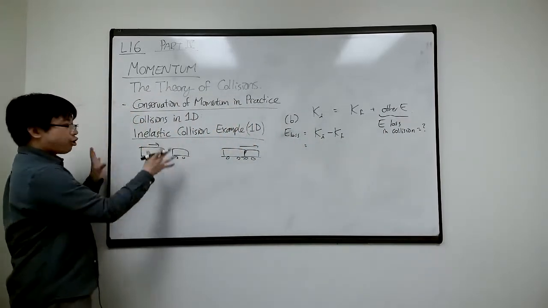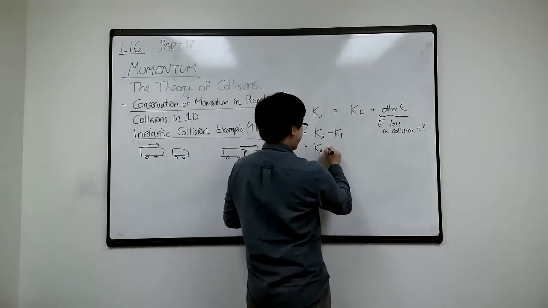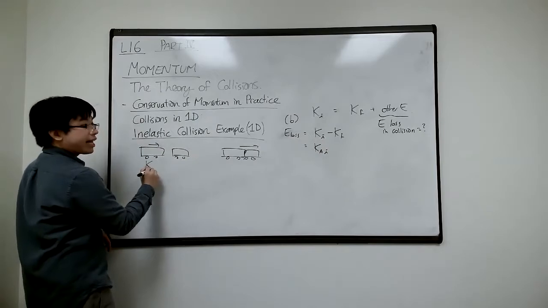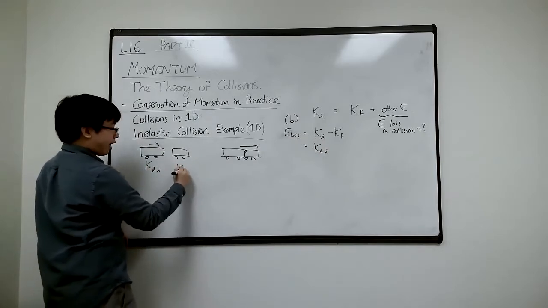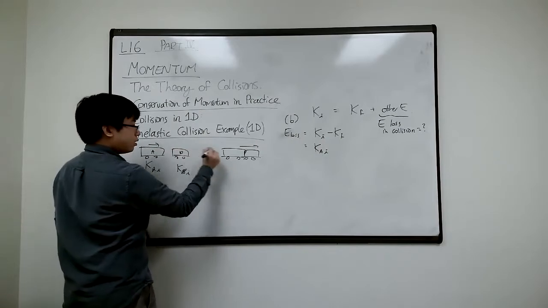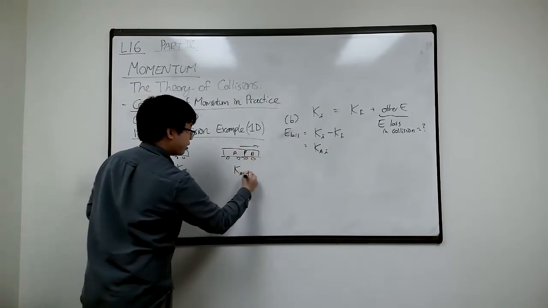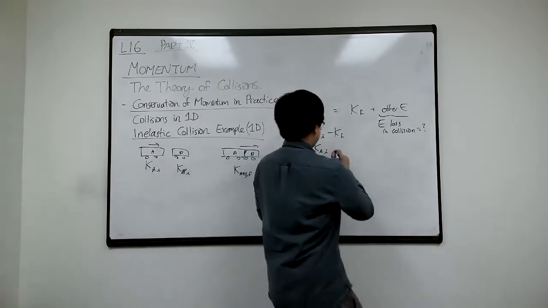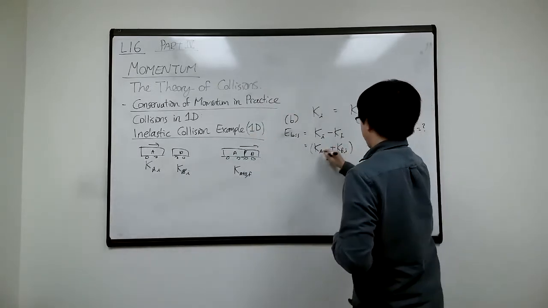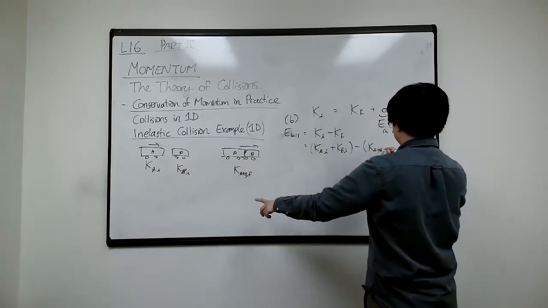So we need to calculate the total initial kinetic energy, which is the kinetic energy of A initially. Right, so let me just label it: Ka initial, Kb initial, and Ka plus B final. Okay, so Ka plus Kb initial minus Ka plus B final.